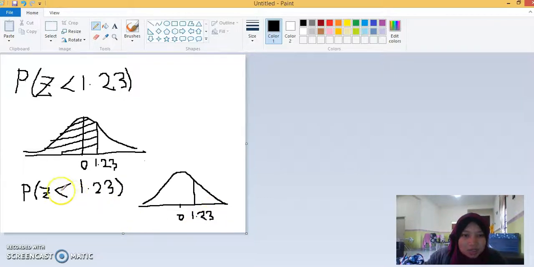But this time, oh sorry, if I change this to greater than, it's greater than, so it would be this area here. So other examples.